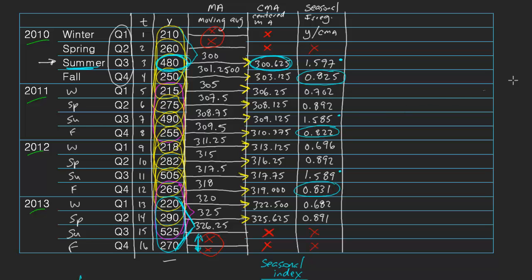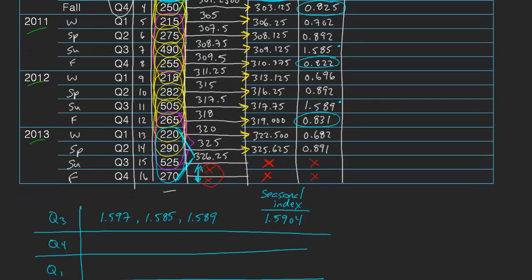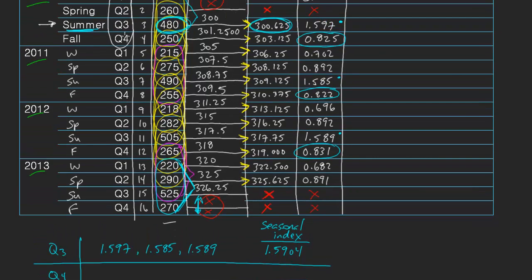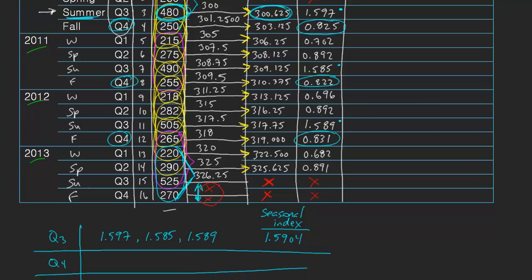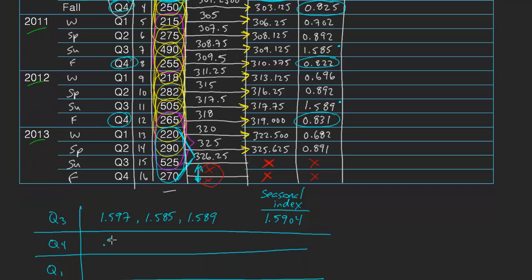So 0.825 is the first one. You'll see this carries across to be Q4. This one is a Q4. This one is a Q4. So 0.825 is my first one. The next one is 0.822. The next one is 0.831.